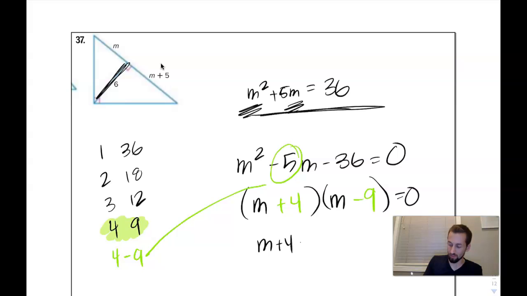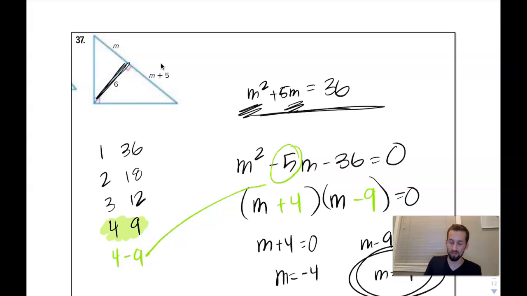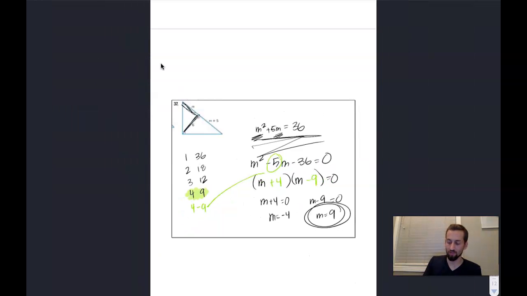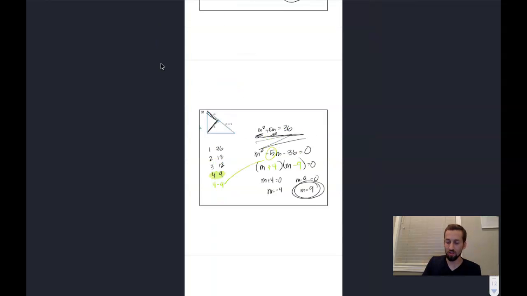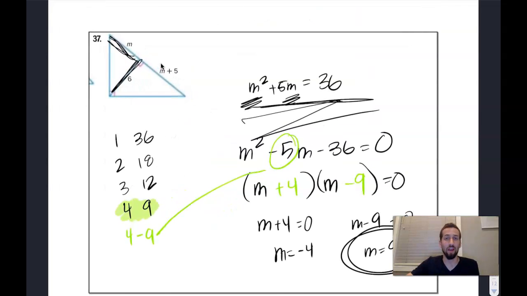M plus 4 equals 0, m minus 9 equals 0, m can equal negative 4, or m can equal 9. And this is the only one that makes sense for our context, right? In geometry, this has to be a positive value, okay? So hopefully that's helpful. Again, this is the very last problem. It's going to be the hardest it's going to get, where you have to review some of that factoring.